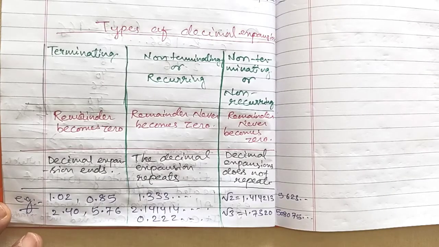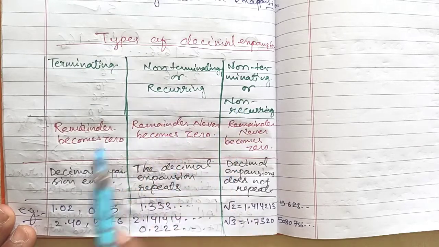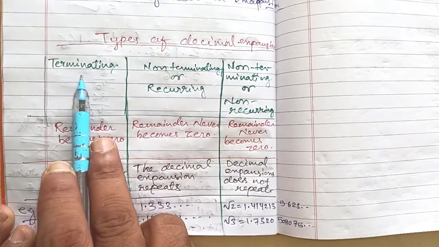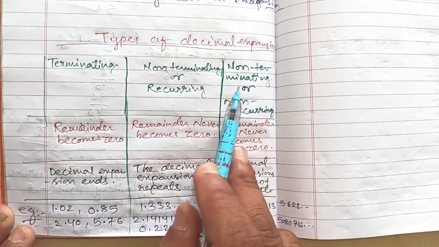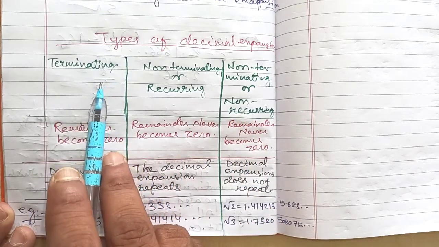Okay, there is a table which I prepared, which compares three types of decimal expansion. The first column is the types of decimal expansions. First is terminating, second is non-terminating recurring, third is non-terminating non-recurring. What are terminating decimal expansions?